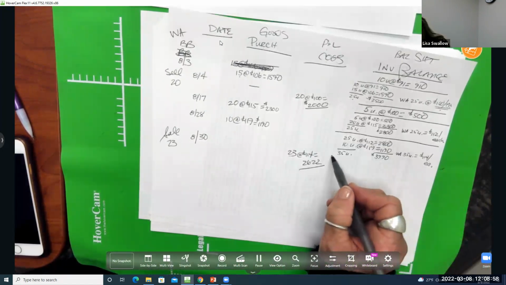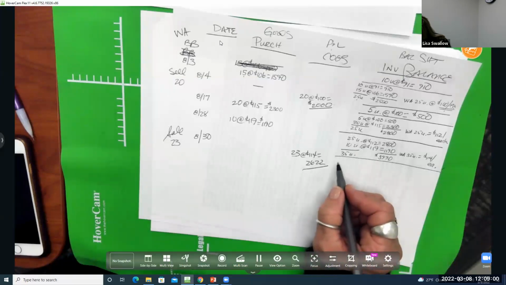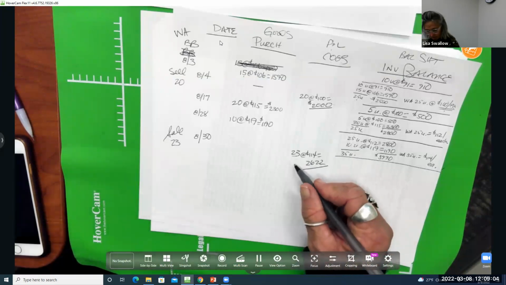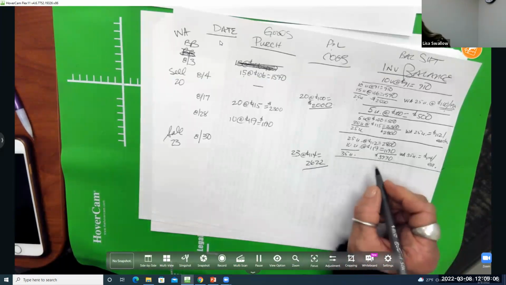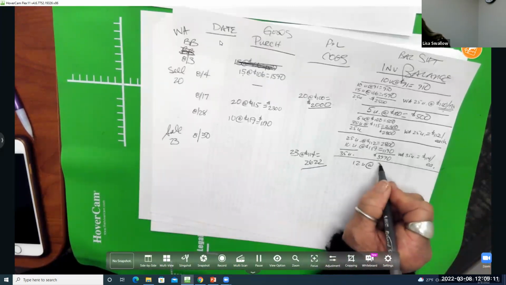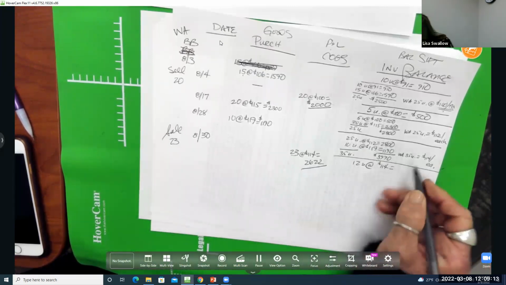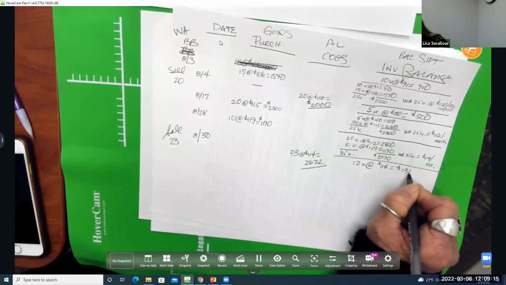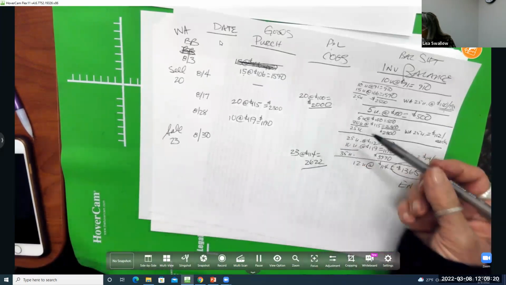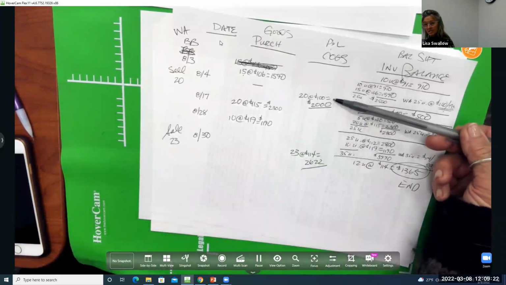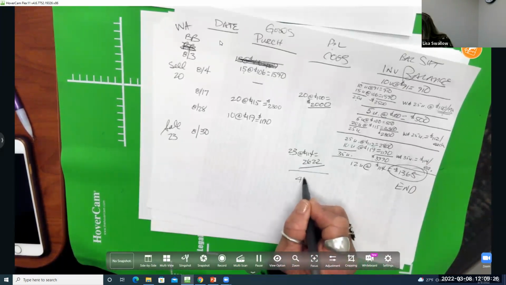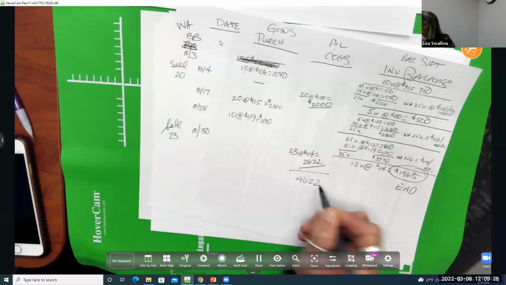And what's left in my inventory, 35 minus 23, I've got 12 bikes left at my last weighted average, of course, 114. So this is my ending inventory. And my cost of goods sold were the two batches, 2,000 and 2,622. So that was my COGS.